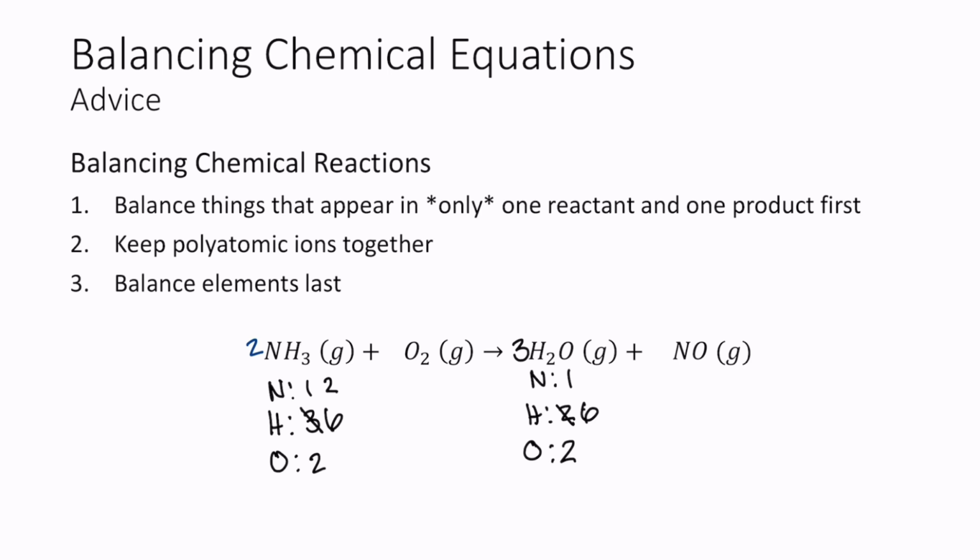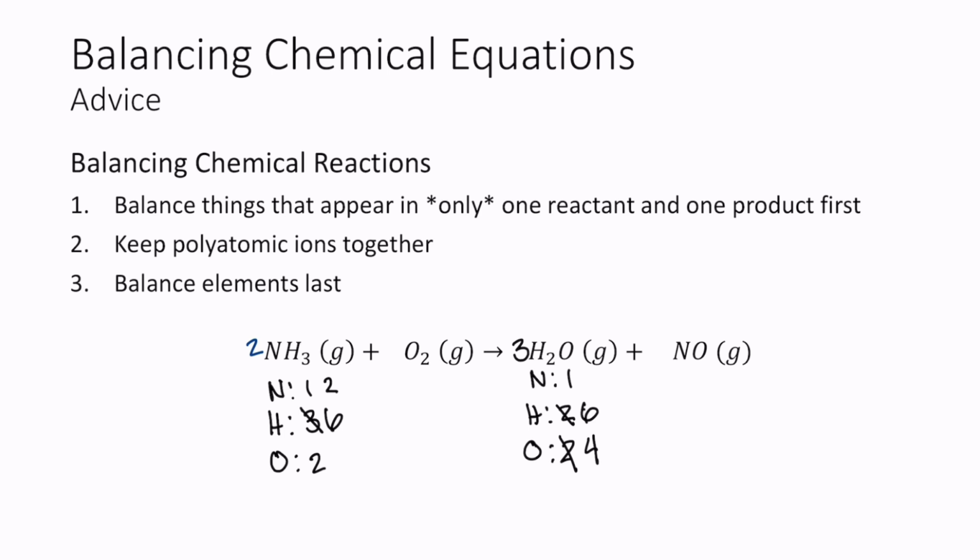Now, I put a 3 in front of the hydrogen, but really I'm putting a 3 in front of the entire molecule, water. So I have 6 hydrogens, but now that changes my oxygen count to a total of 4 because I have 3 oxygens from my water and 1 oxygen from my nitrogen oxide.